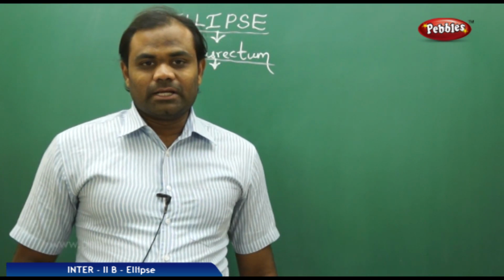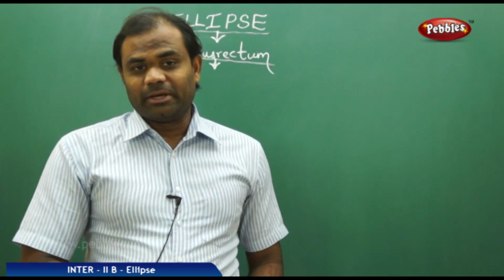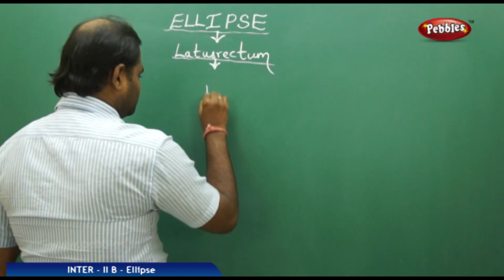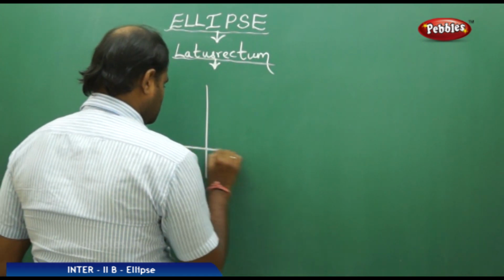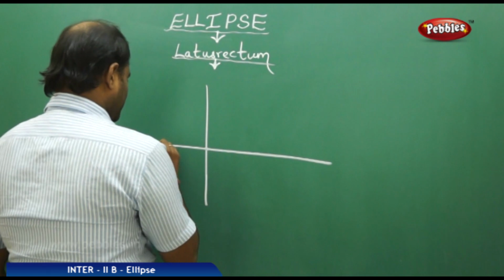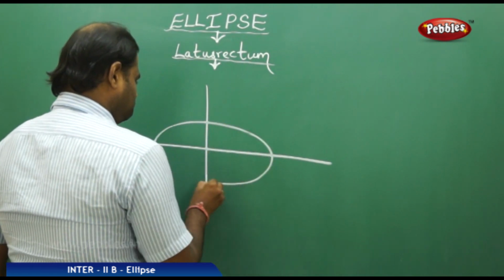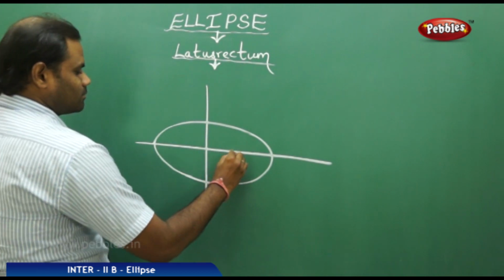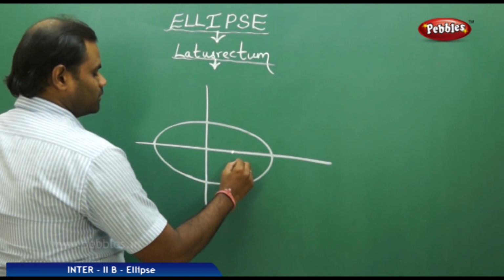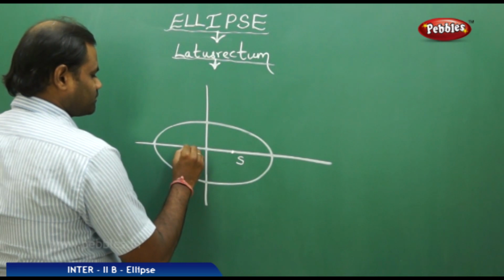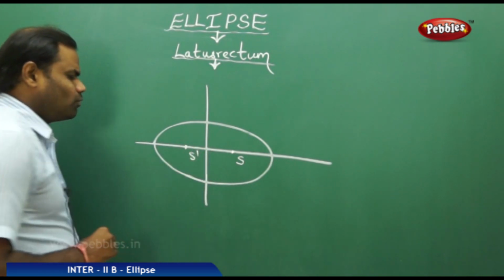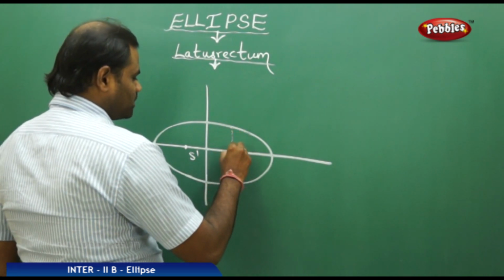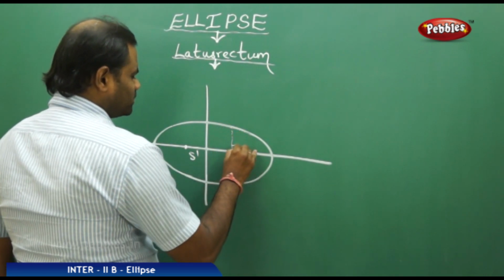Now, latus rectum is a focal chord which is perpendicular to major axis of the ellipse. So, for example, I have the ellipse with foci S and S dash, then latus rectum is a focal chord which is perpendicular to the major axis.